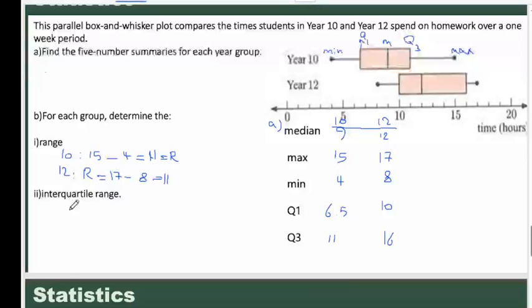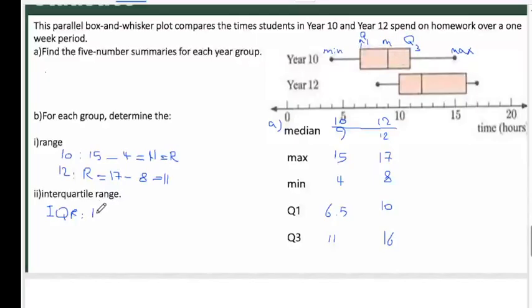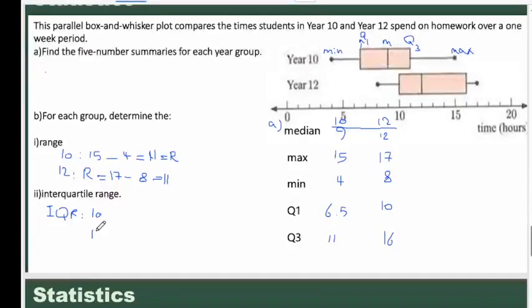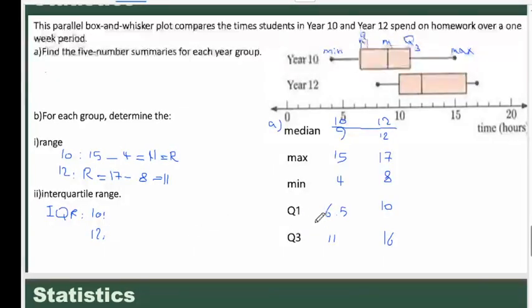Now I will go for part 2, the interquartile range, IQR, for 10 year and for 12. For 10 year, interquartile range is Q3 minus Q1.